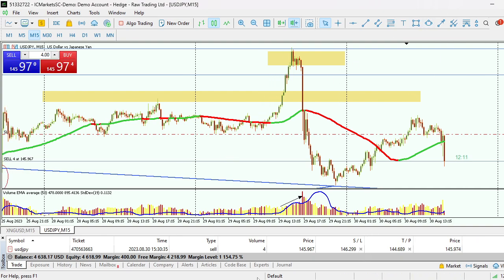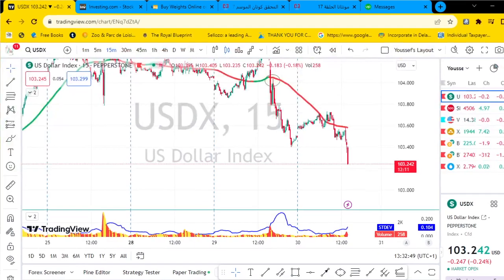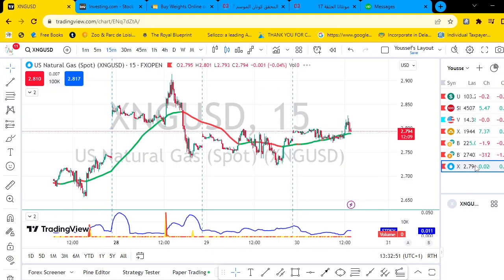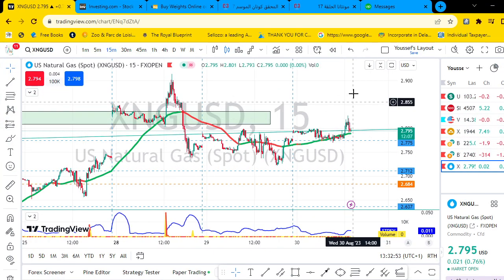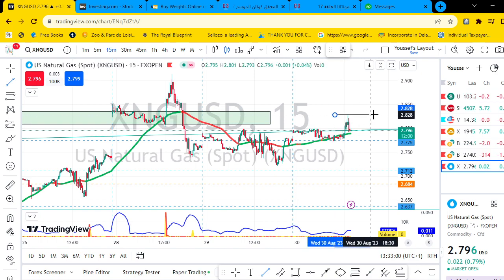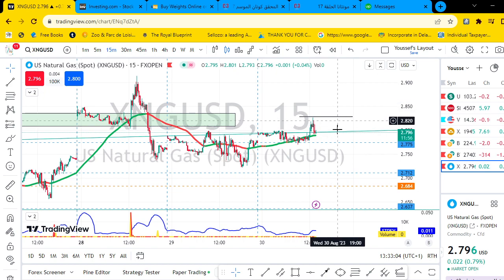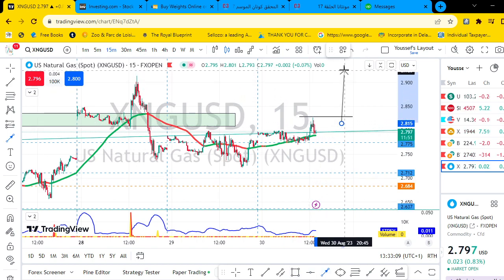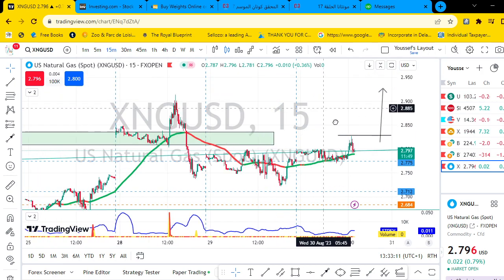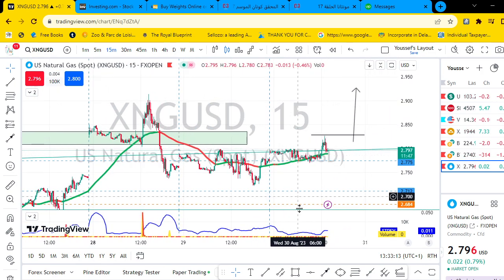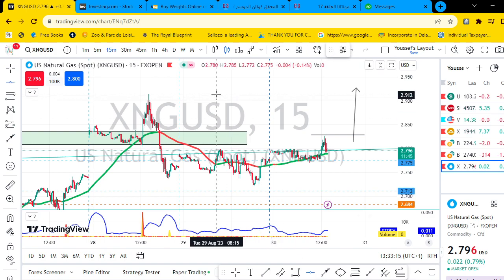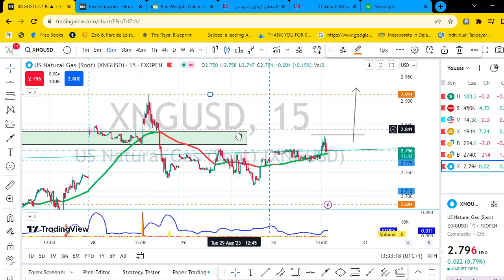Let's have a look at natural gas. I think natural gas is gonna move higher once it breaks this level. It should continue moving higher. And this level is gonna be the target.